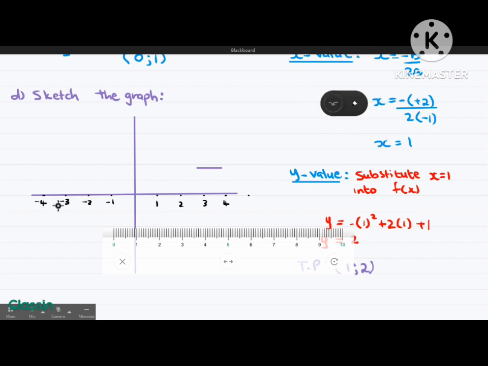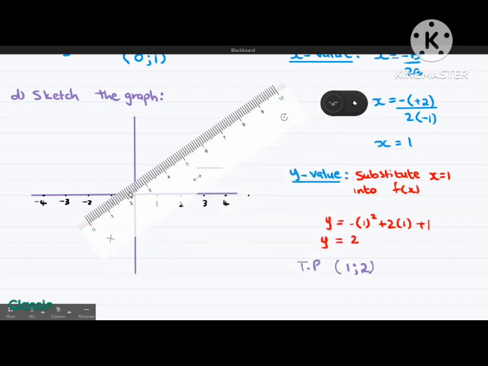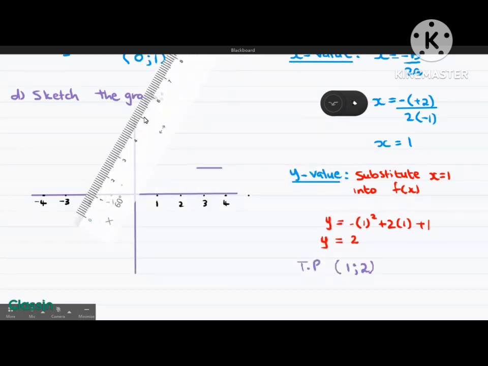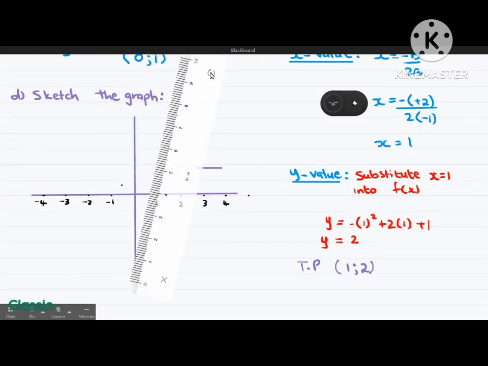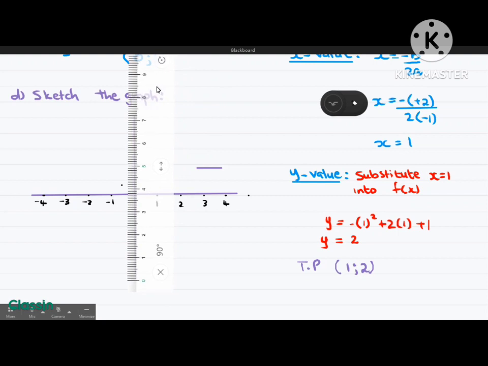So both sides are equal. Now if I turn my ruler to be vertical, we will have something of this nature.